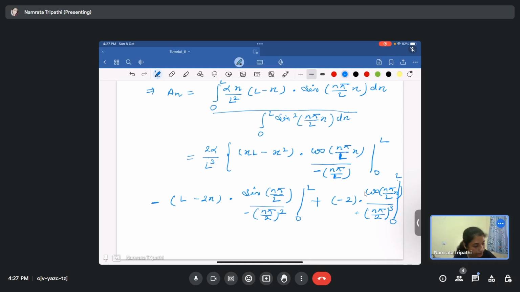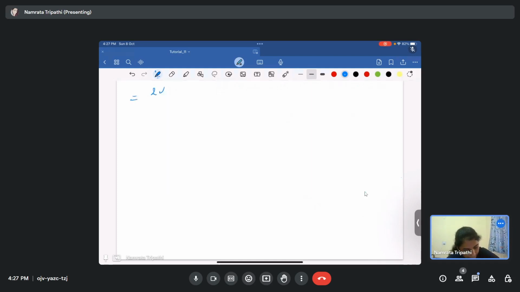After putting the upper limit, the third term will become, multiplied by 2 alpha upon L cube, minus 2 cos of n pi L upon L upon (n pi upon L) whole cube, minus cos 0 will become 1 upon (n pi upon L) whole cube. Fine.